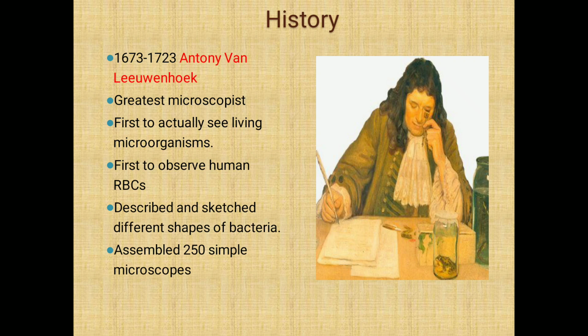So he was the first person to actually see living microorganisms. He was the first person to observe human RBCs. He described and sketched different shapes of bacteria. He mainly assembled 250 simple microscopes.